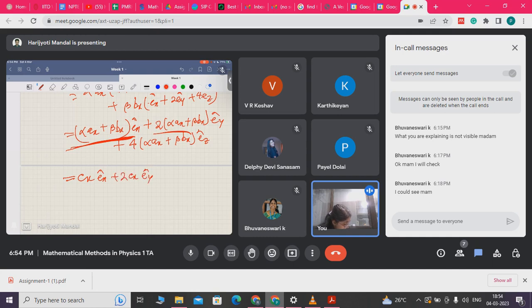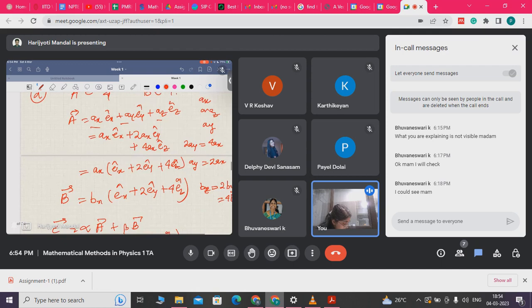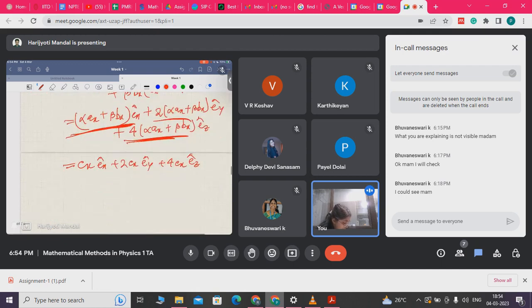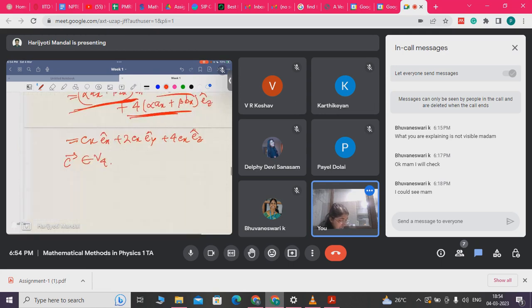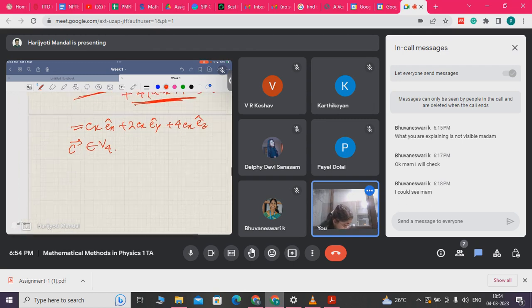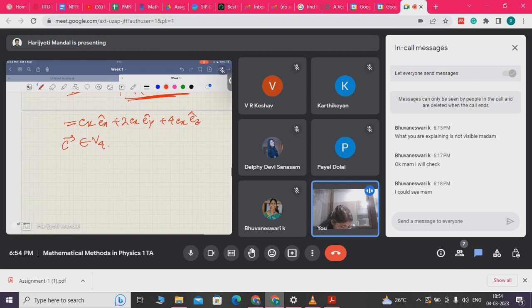If we give this the name Cx, it will be Cx ex, 2 into Cx ey and 4 into Cx ez. It is the structure of A, also the structure of B. So the C vector belongs to the vector space V4. It satisfies the first condition, closure property, to make a vector space.